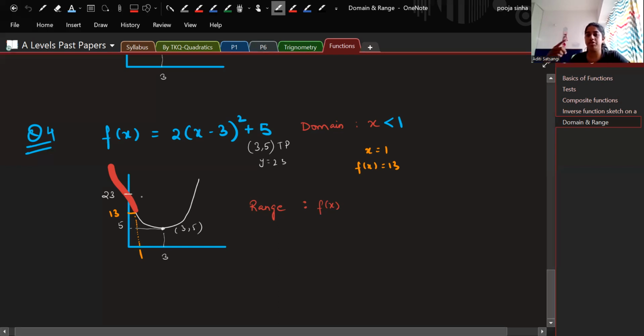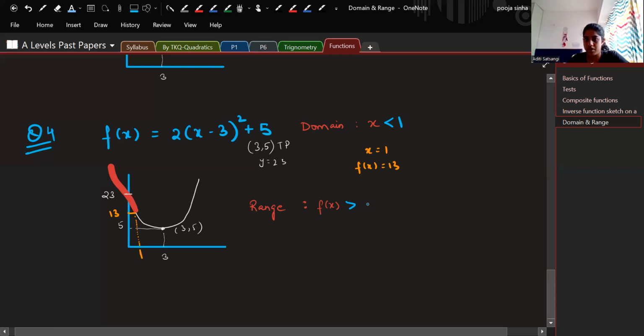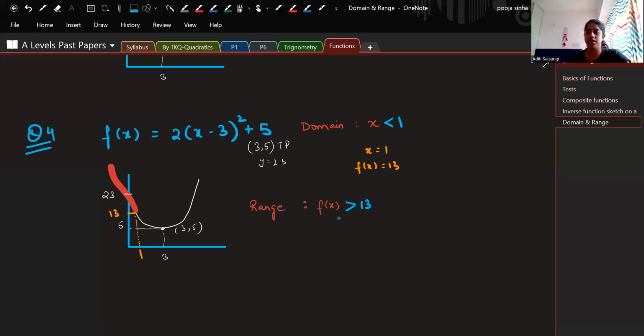See, fx will be greater than 13. Did you get it? समझ आया ना? Do I include the value 13 or not? Do I put an equal to sign or not? No, because 13 is basically coming on 1, and we're not taking equal to sign exactly for 1 in the domain. So we will not take the equal to sign in this case. This is also clear.